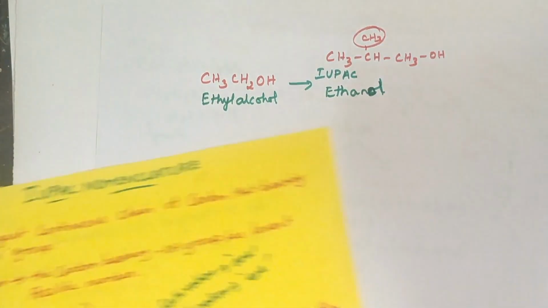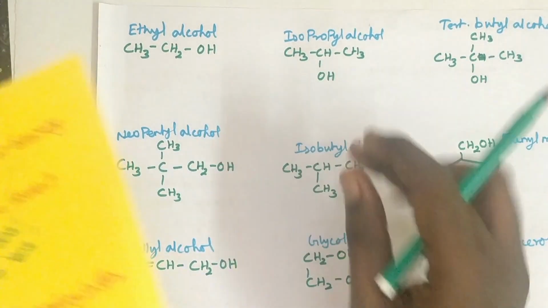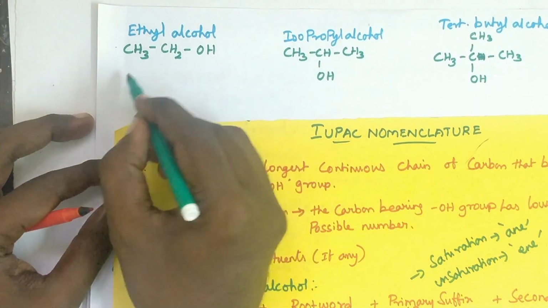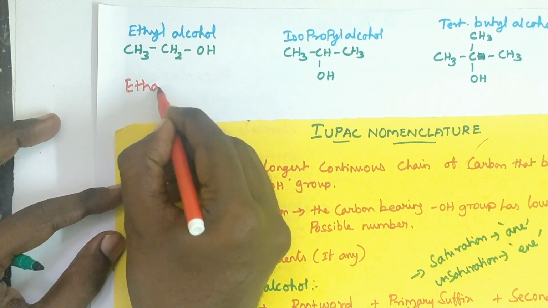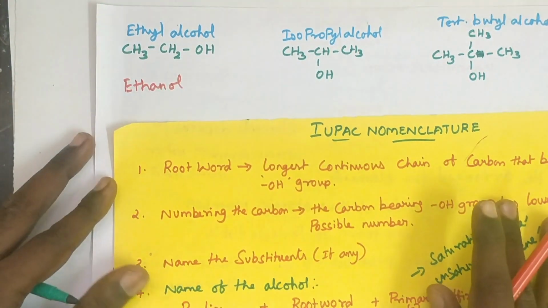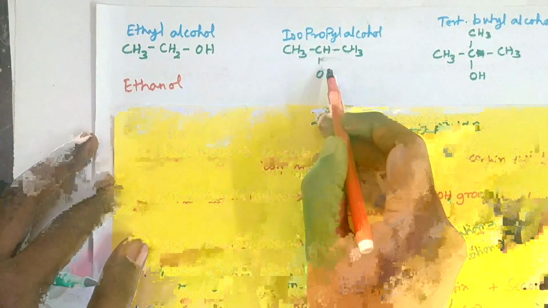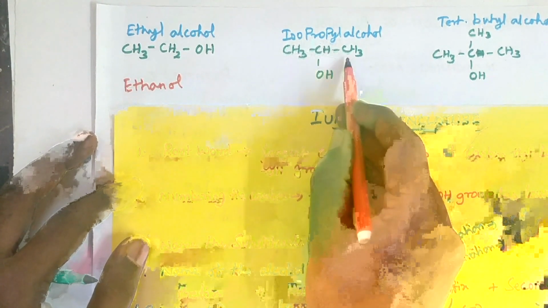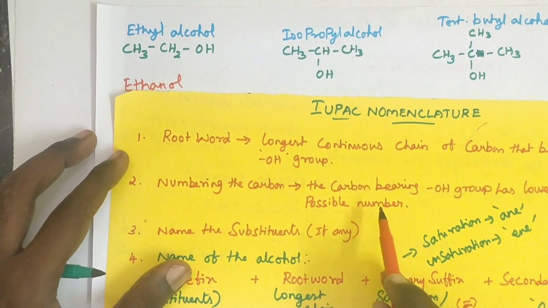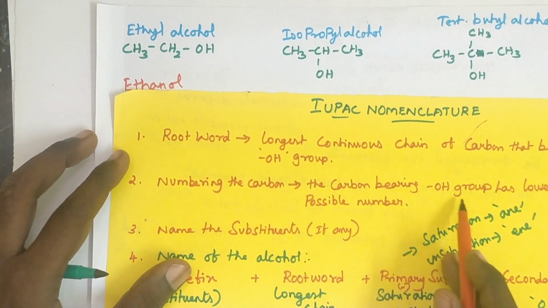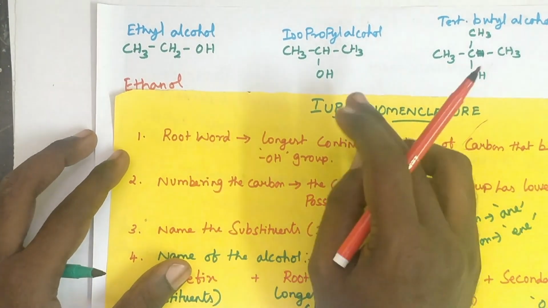Similarly, we try this compound. Already we have seen this compound, the IUPAC name is ethanol. Second, if the compound has 3 or more than 3 carbons, you have to number the carbon. That's the second step they mentioned. The carbon bearing the OH group has the lowest possible number.